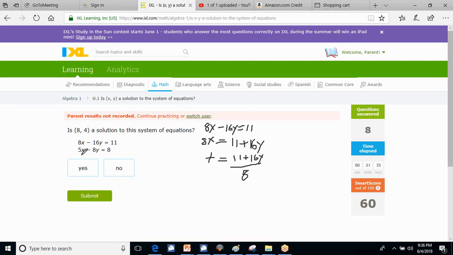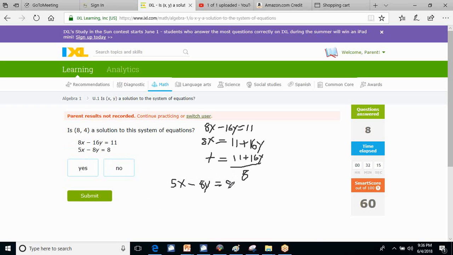So the next equation now. The first equation, you just find x, and x is equal to 11 plus 16y over 8. The next equation now, you're going to plug your x into the next equation. So the next equation is 5x minus 8y is equal to 8.